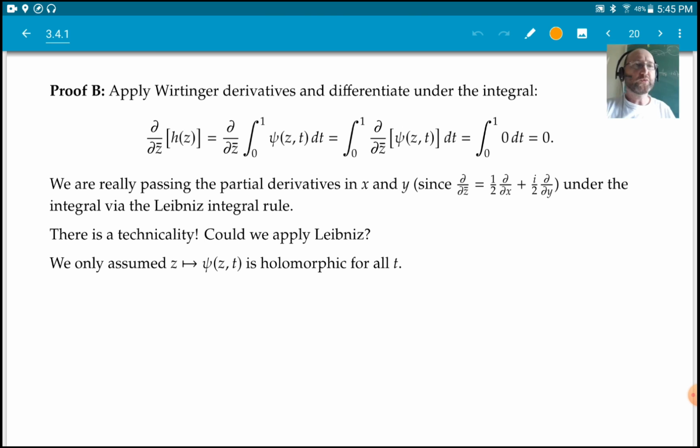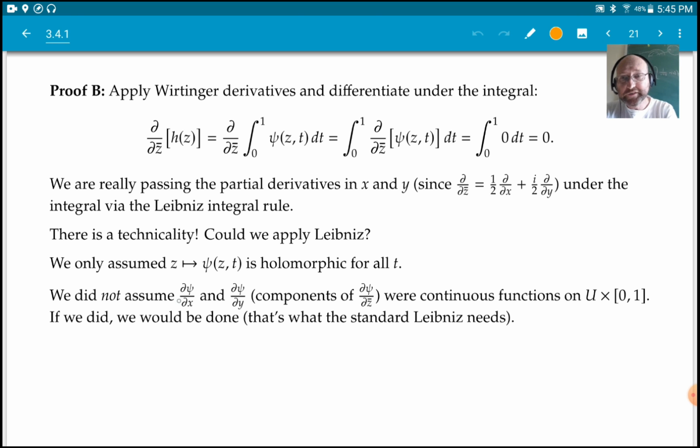So Leibniz required something about the derivatives, right? And we only assumed that this guy is holomorphic as a function of z, but we didn't really say anything about the x and the y derivatives, right?